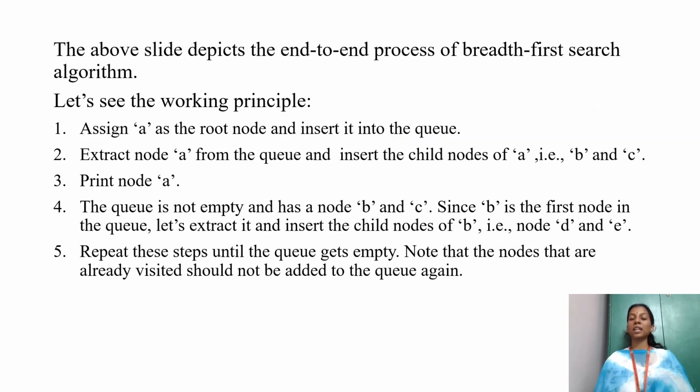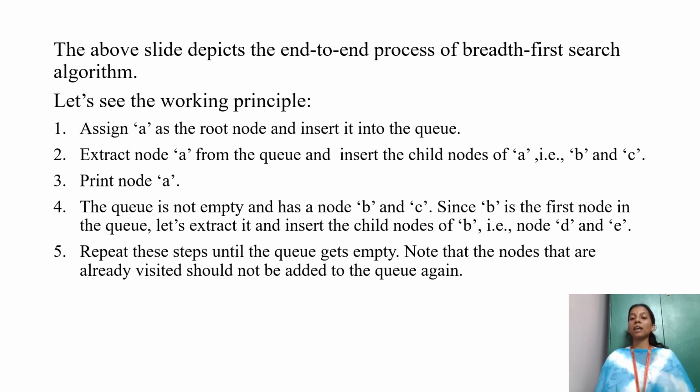So here we can see the end-to-end process of the breadth first search. First, we have assigned A as the root node. Next, we have extracted node A from the queue, and we have inserted the child nodes of A, like B and C. Next, we have printed the node A, and if the queue is not empty and it has B and C, so B and C are the first nodes in the queue.